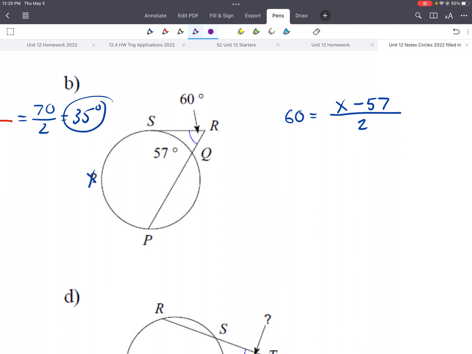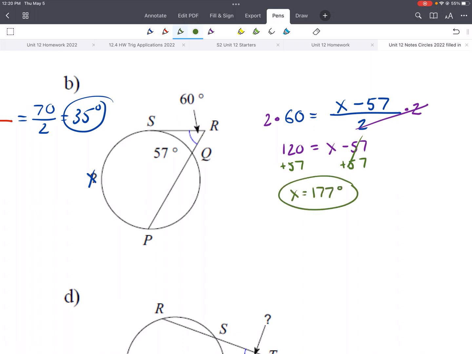Again, first thing we want to maybe get rid of is that 2. So it's being divided, so the opposite would be to multiply. So we'll multiply both sides by 2. So 120 equals x minus 57. And then we could just add 57 to both sides. And we get x equals 177 degrees.